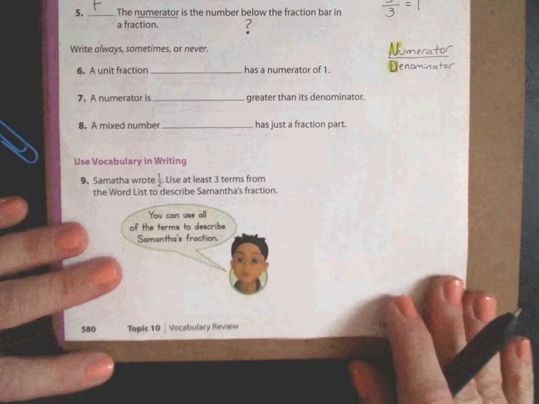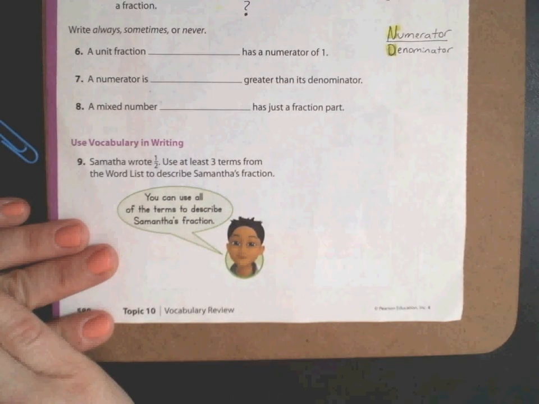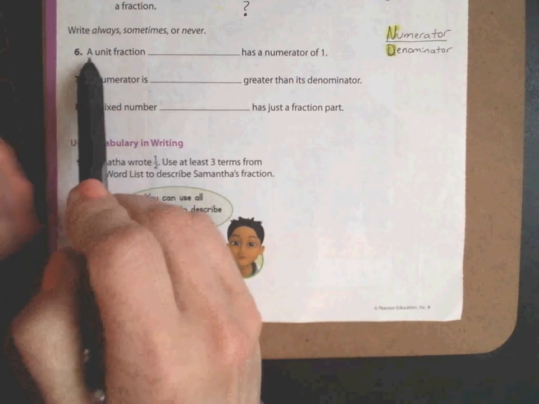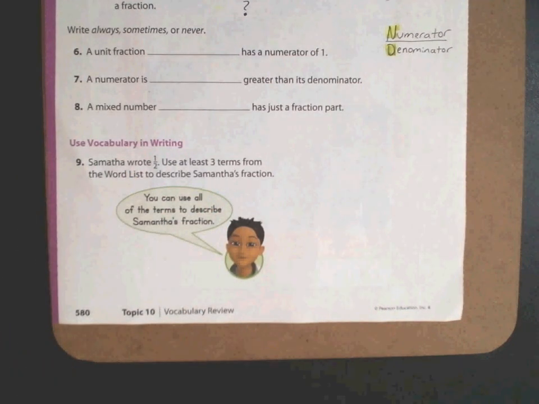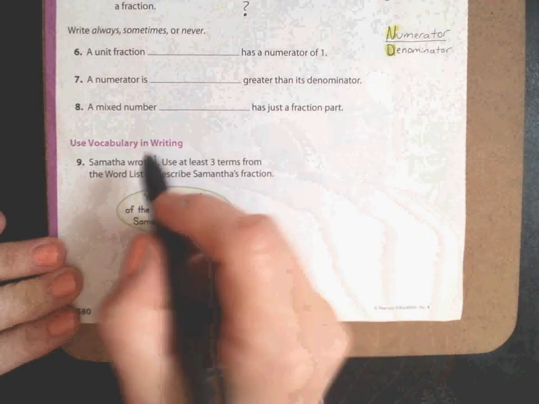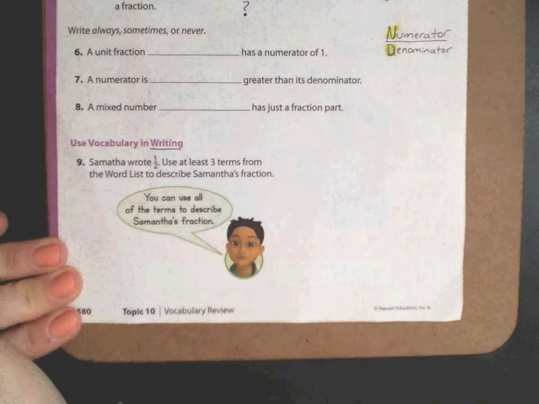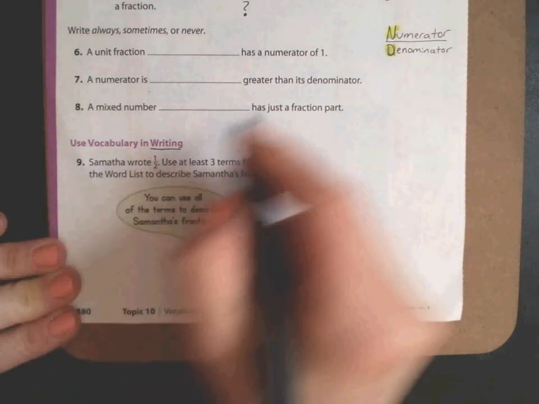So now what I want you to go ahead and do is pause the video again, and for 6, 7, and 8, you're writing if this statement is always true, sometimes true, or never true. And then for number 9, it says use vocabulary in writing. So we're going to be writing 3 statements. So it says Samantha wrote 1/2.